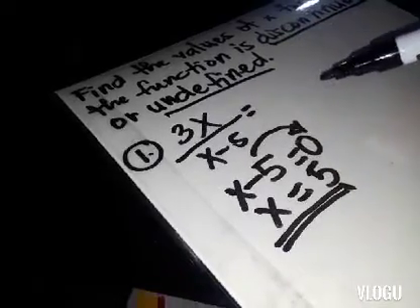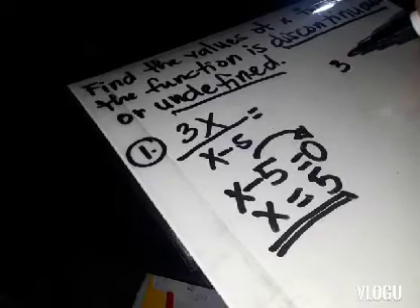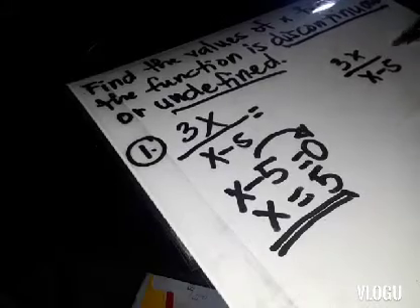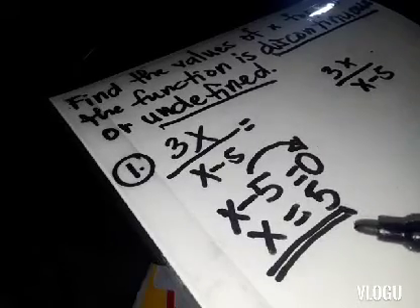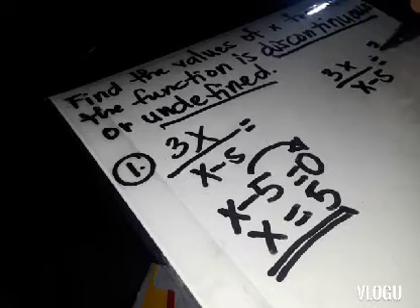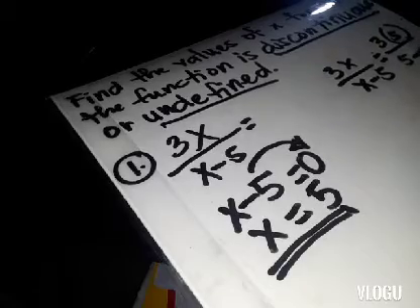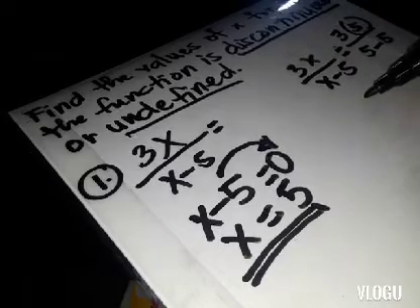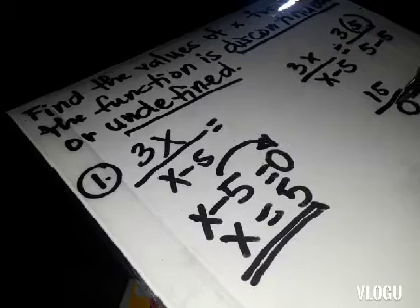Bakit? Kasi, isa-substitute natin. Kung ang x natin, 3x all over x minus 5, kung sa-substitute natin ang 5, anong magiging sagot? So, 3 times 5 over 5 minus 5. 3 times 5 is equal to 15, and then 5 minus 5 is equal to 0.